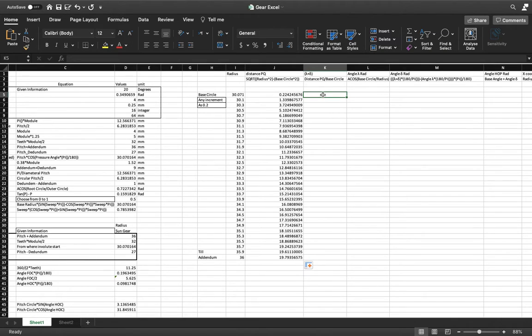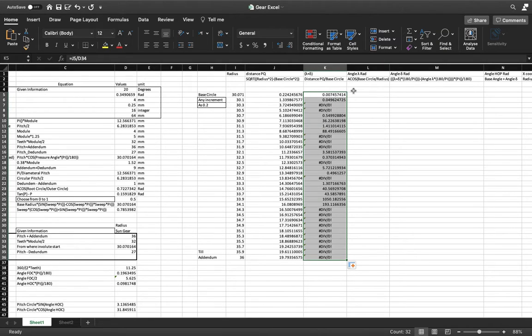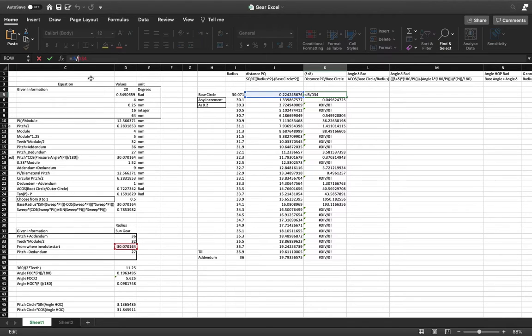Now the angle difference, which equals distance PQ divided by the base. Scroll down. Oh, I'm sorry, I did not fix this.